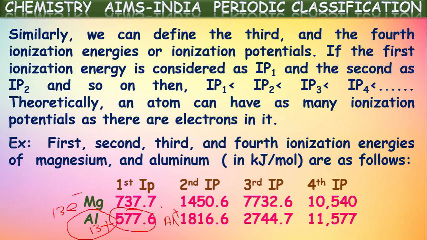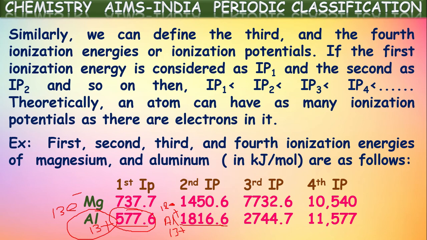Here it has only 12 electrons, while the number of protons is the same, 13. As the nuclear charge is greater, the remaining 12 electrons are held by the nucleus strongly. So the removal of one more electron requires more energy. That's why the second ionization energy is greater than the first.